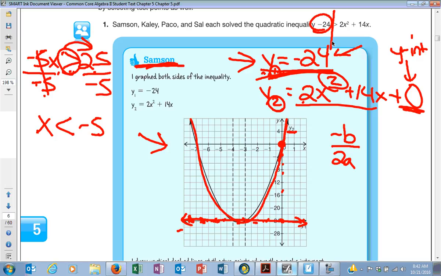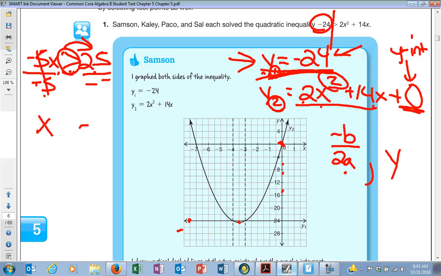He finds that, then he plugs that x-coordinate back into the equation and finds the y-coordinate. Are you with me? When he did all that, he realized that his vertex was down here. And he plotted that. How did he get this point over here? All he did was mirror this one. He counted how far it was away this way, and then he went this way. Yes?